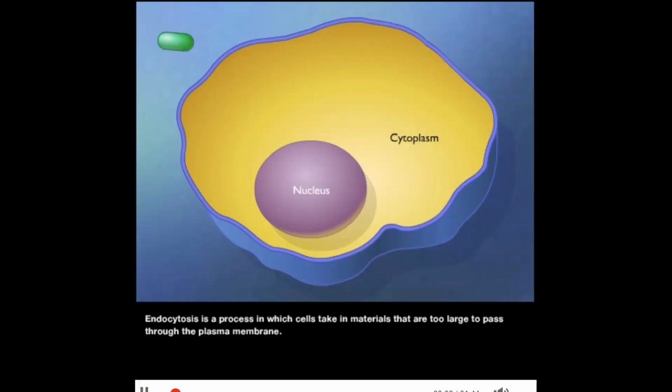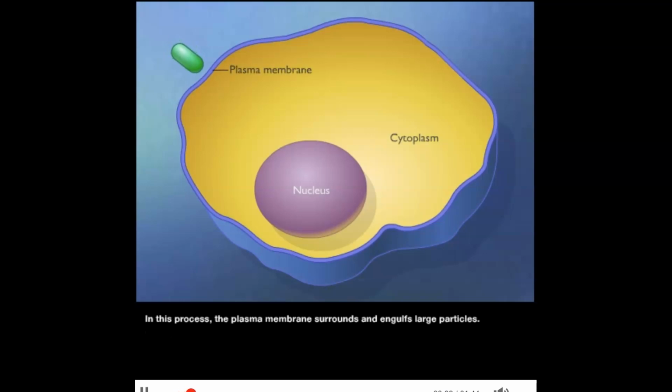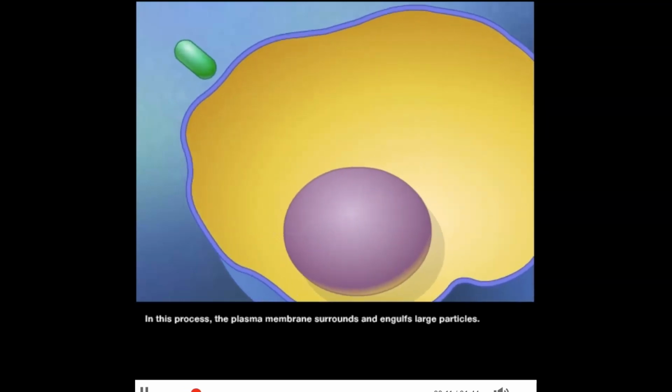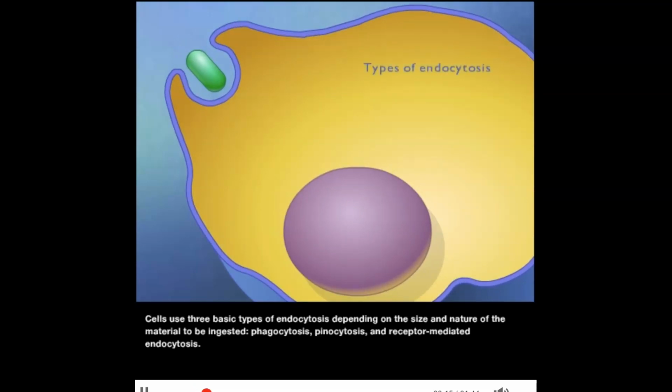Endocytosis is a process in which cells take in materials that are too large to pass through the plasma membrane. In this process, the plasma membrane surrounds and engulfs large particles. Cells use three basic types of endocytosis, depending on the size and nature of the material to be ingested: phagocytosis, pinocytosis, and receptor-mediated endocytosis.